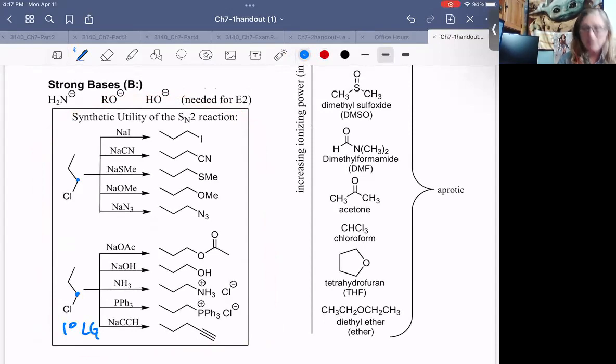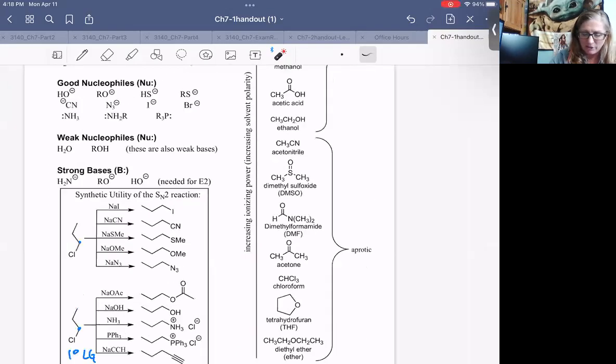There's no steric hindrance. And so by using all these different nucleophiles, we can get access to all these different functional groups. So it's a hugely important reaction for synthesis. We can make esters and alcohols and alkynes. All these different reactions rely on the Sn2. So that Sn2 mechanism we're going to see again and again and again throughout the whole year of organic chemistry.